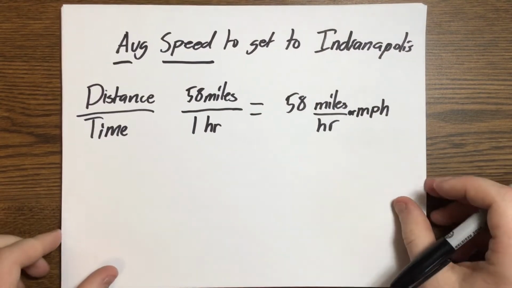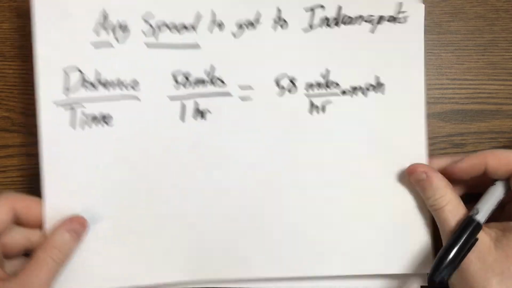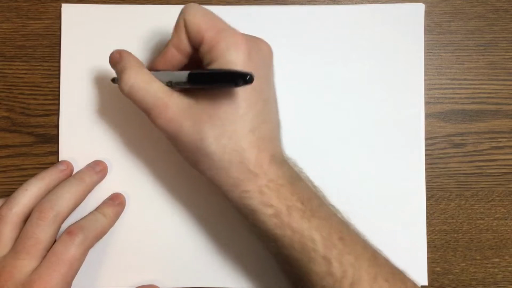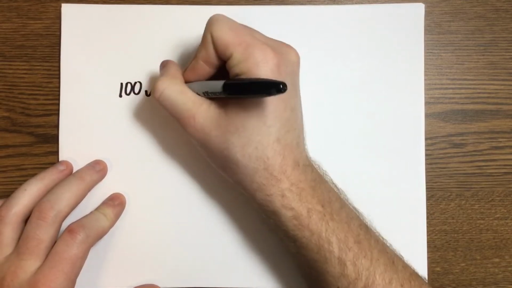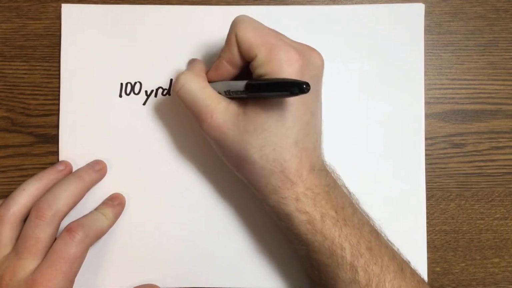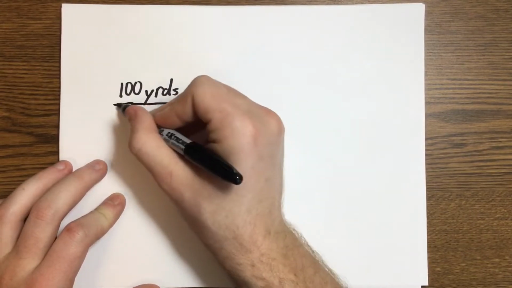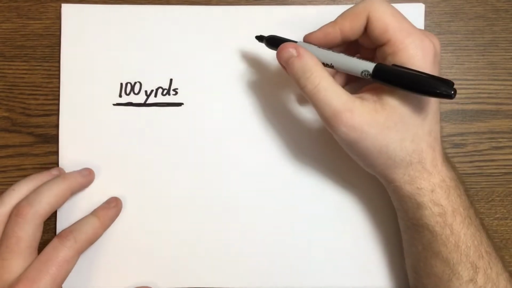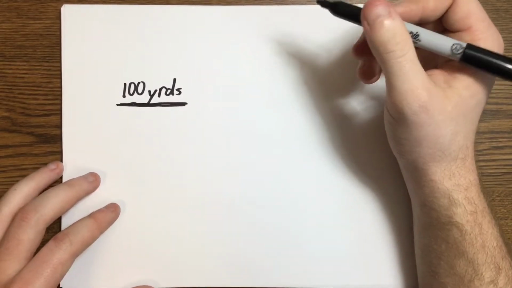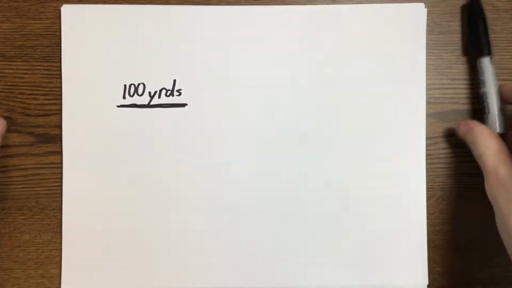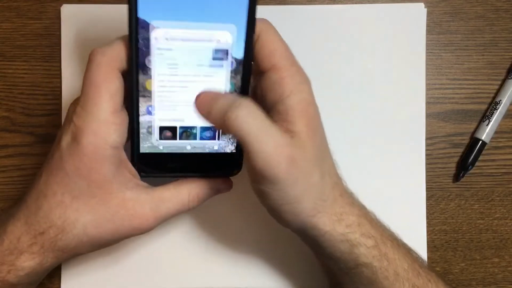If I wanted to see how long it would take me to run the length of a football field. Length of a football field, 100 yards divided by, let's say a reasonable time to run 100 yards. I don't know, what is a reasonable time to run 100 yards?